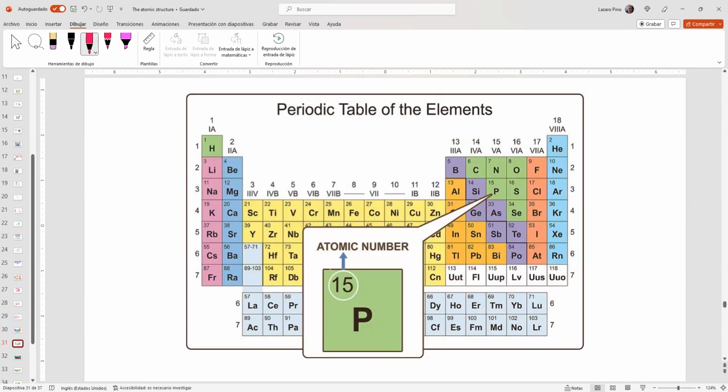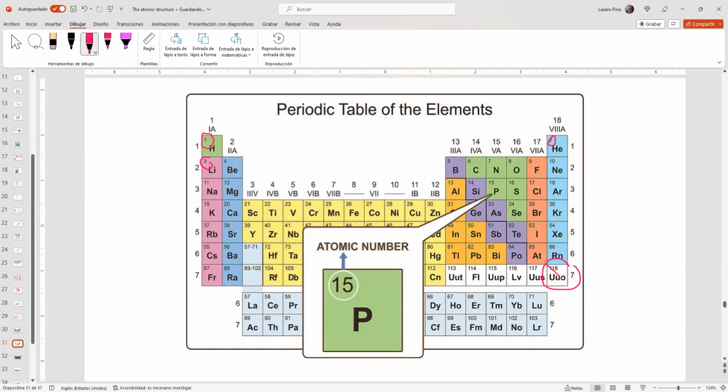The big number represents the atomic mass, the small number represents the atomic number, and as you can see, we order the atoms according to the atomic number. Look, number 1, number 2, number 3, 4, 5, 6, 7, until the last one that is not discovered yet.